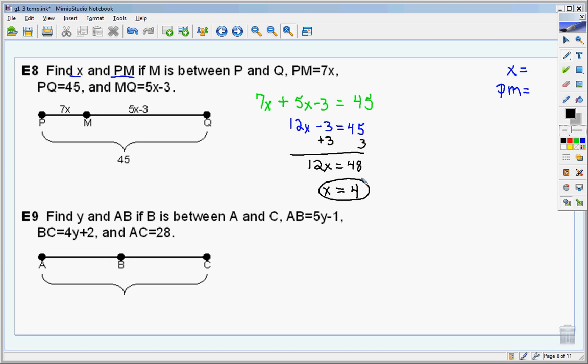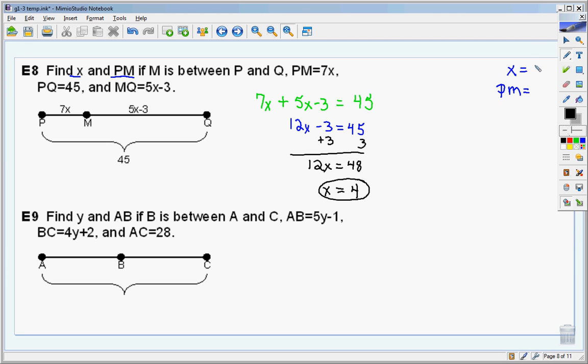From a geometry standpoint, I would say the biggest mistake that I see people make on this type of problem is when they get x equals 4, they're done. That's the only part of the problem they actually do. Because in algebra, once we found the variable and what it was equal to, did we have to go any further? No, we were done. What else did they ask me to find? PM.